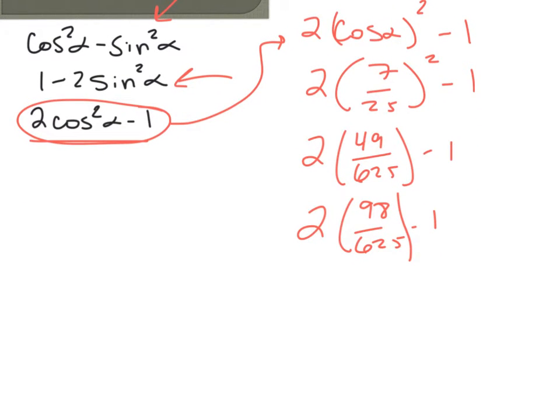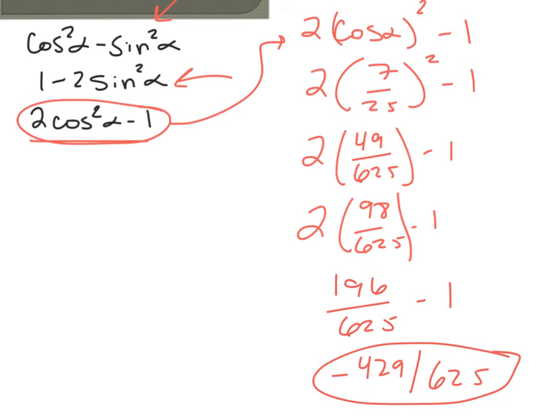So I'm going to get 196 over 625 minus 1. Now you can use your calculator and do 196 divided by 625 minus 1, and then you can convert this to a fraction, and I'm going to get negative 429 over 625.